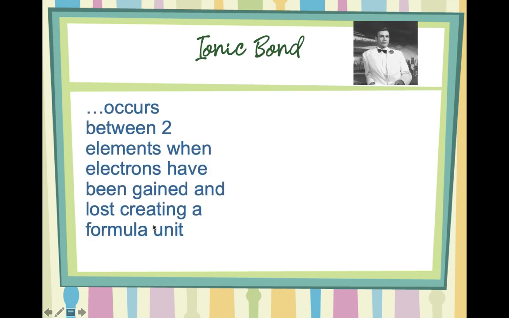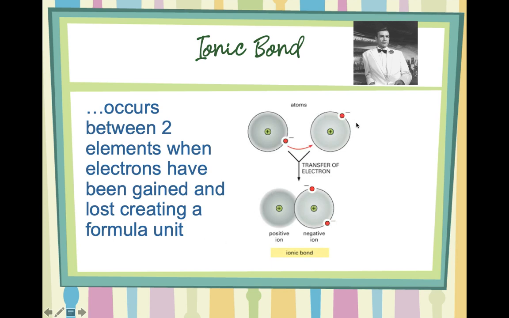All right. So like we just said, an ionic bond occurs between two elements when an electron has been gained by one atom and lost by another atom, and then you create what's called a formula unit. So here's a visual. We've got one atom here, another atom here.